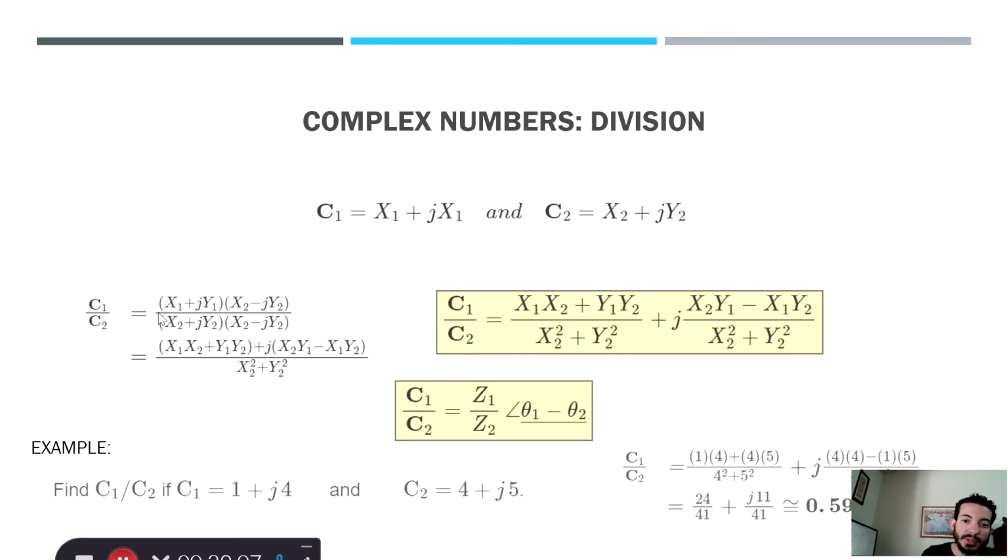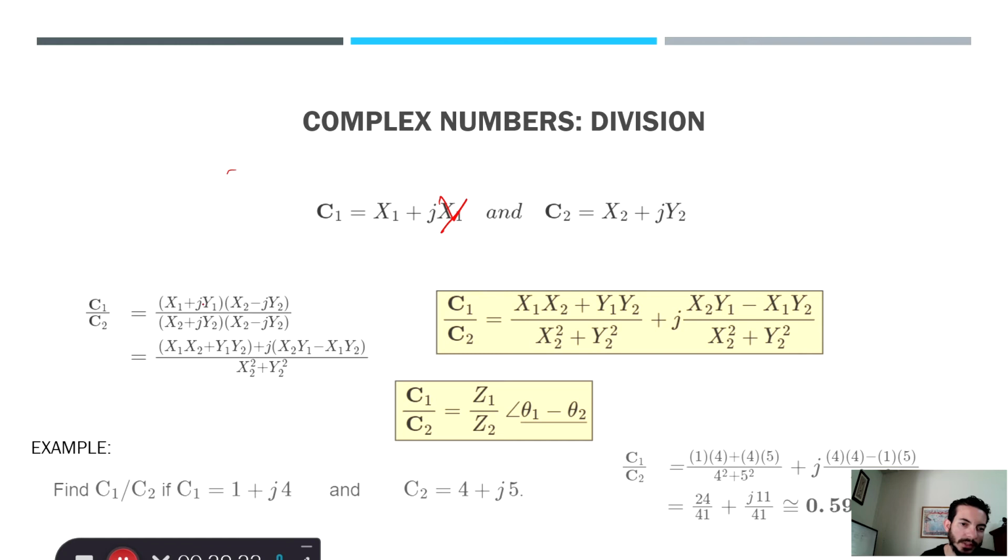Division is also a little complicated to do by hand. You can make a lot of mistakes. You just have to follow this formula given two complex numbers, x1 real, y1 imaginary, and x2 real, y2 imaginary. Sorry, this is supposed to be y1 and y2.